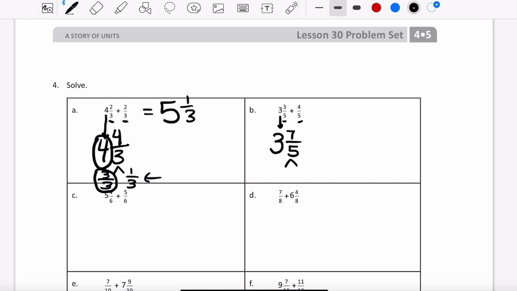So we would have 5/5 plus 2/5, and we know that we have 3 wholes plus our 5/5, which is 1 whole, so now we have 4 wholes and 2/5.